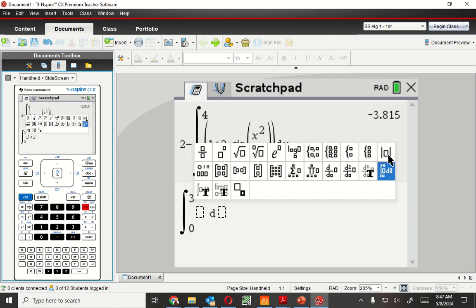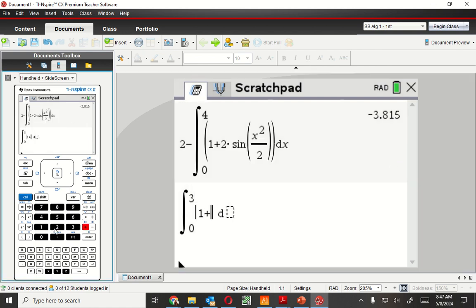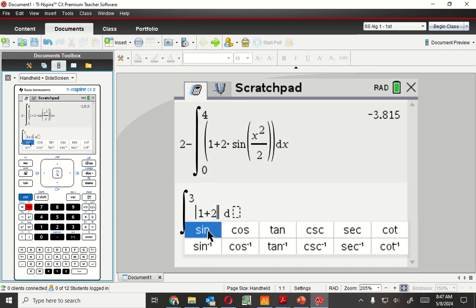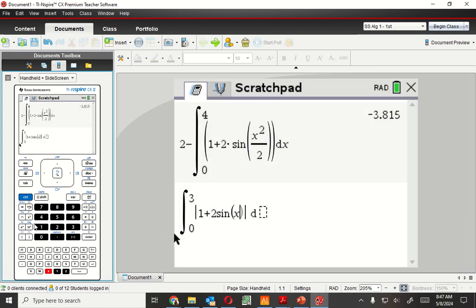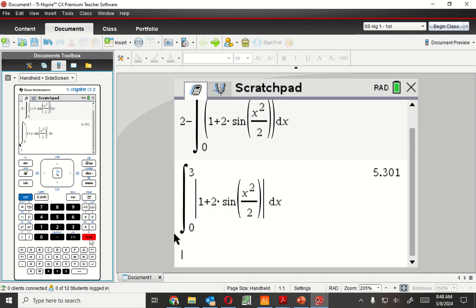This is the absolute value bars. 1 plus 2 sine of x squared over 2 dx. So my total distance traveled should be 5.310.